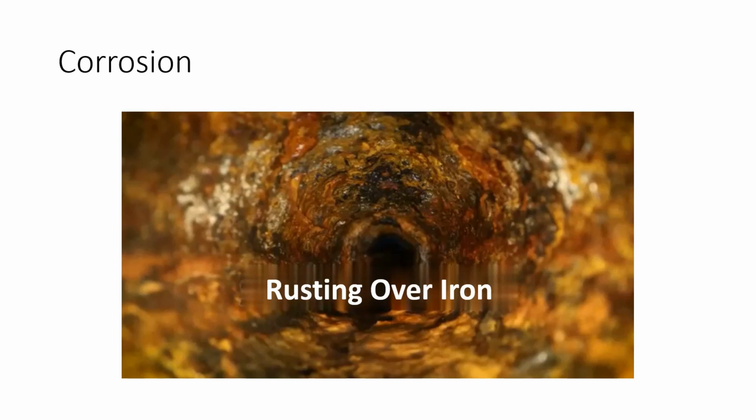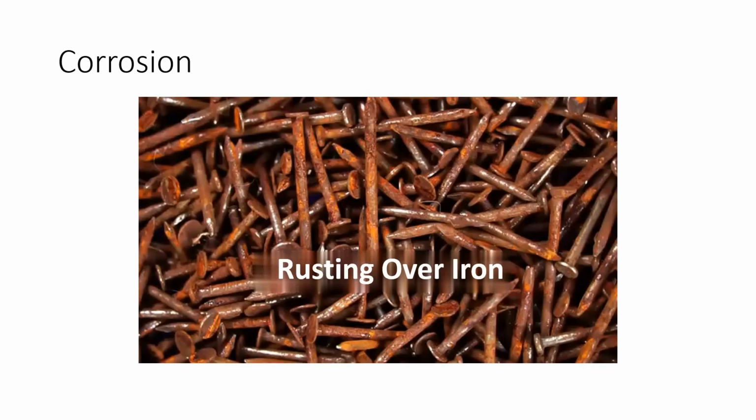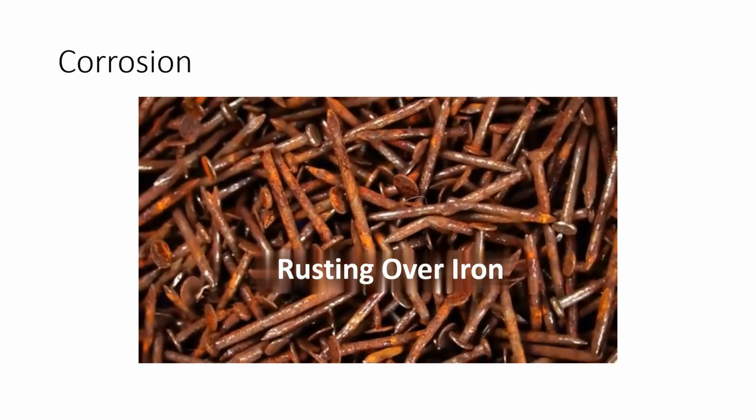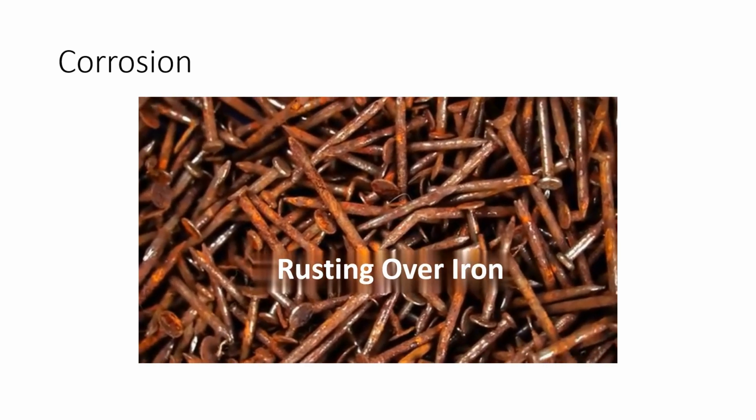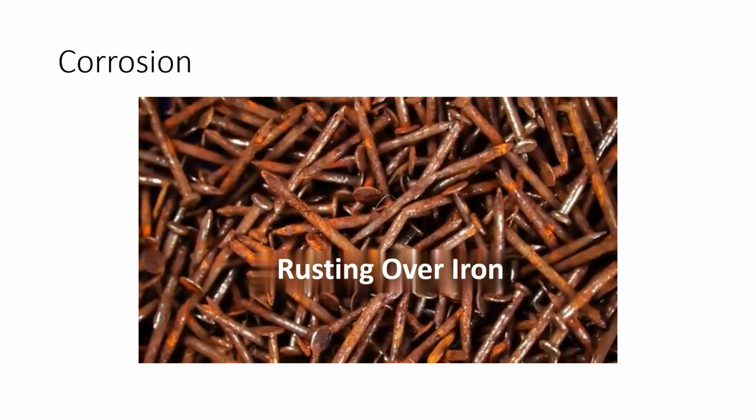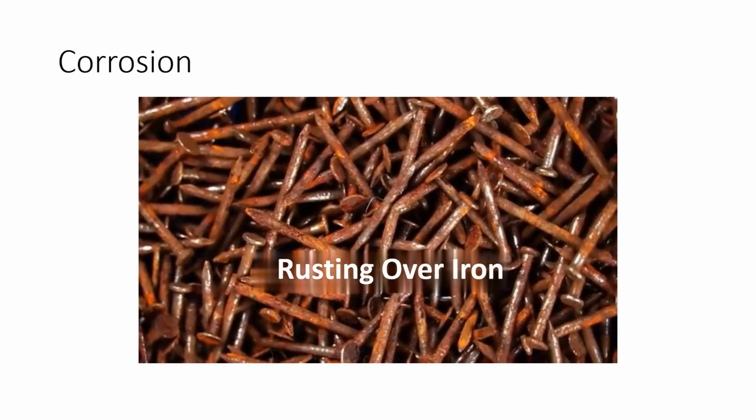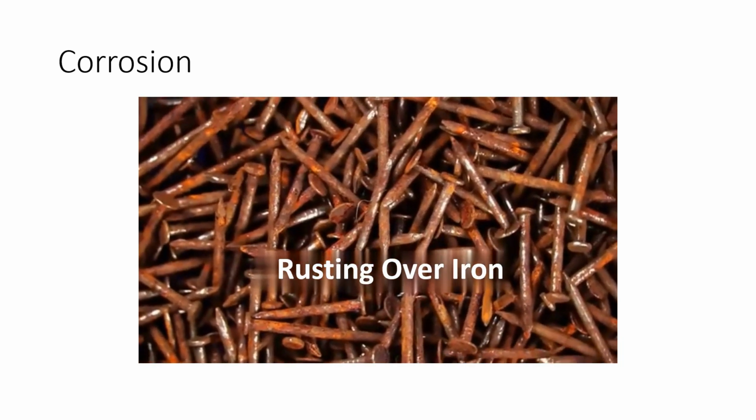Depending on the environment, the rust may develop in minutes. With other metals such as copper, brass, aluminium and stainless steel, we expect corrosion to take place, but it might take longer to develop.